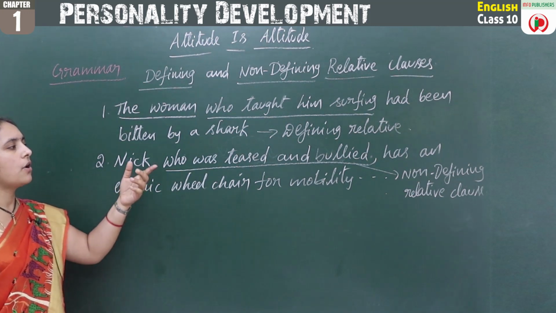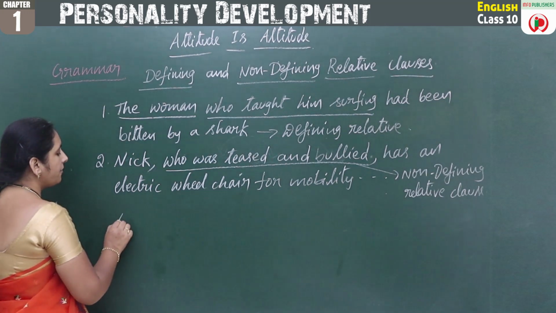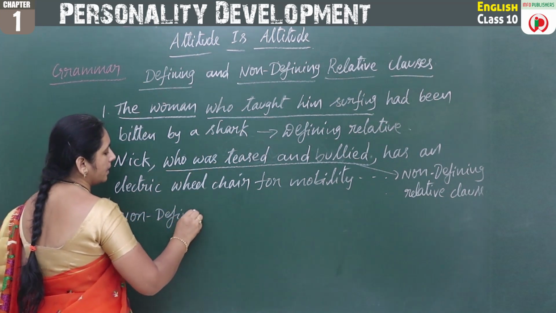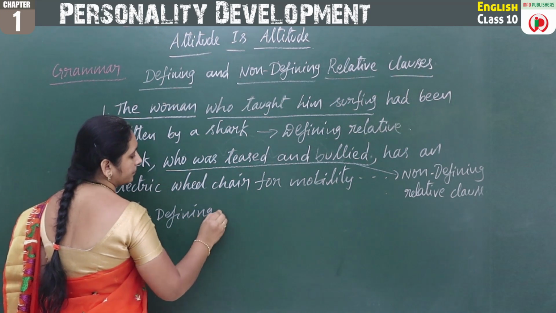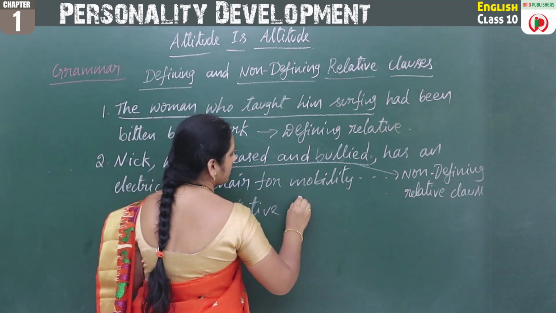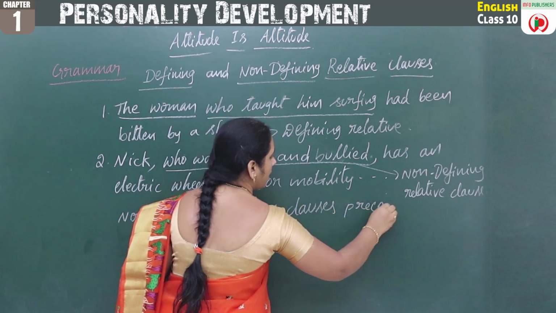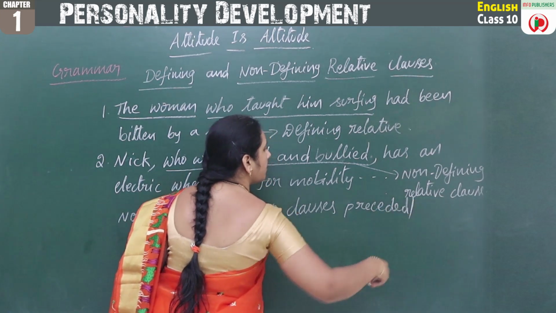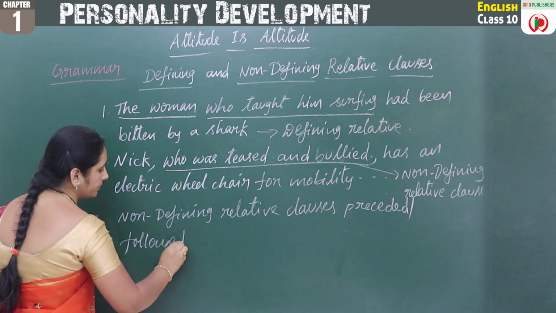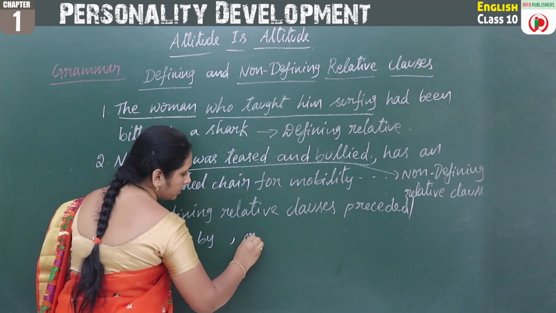That's why those are called non-defining relative clauses. Generally, non-defining relative clauses are preceded or followed by a comma or hyphen.